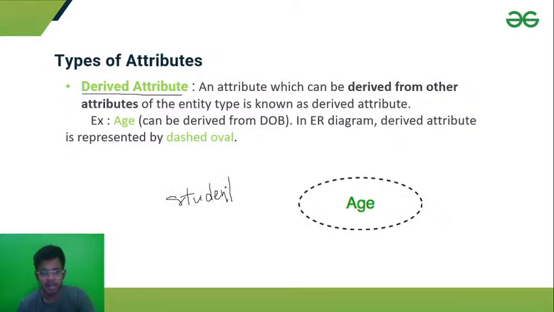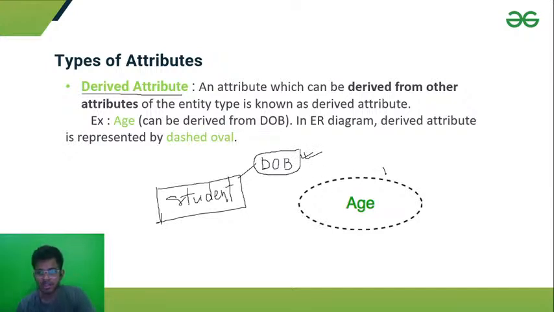If a student entity has DOB as one of its attributes, then from this DOB we can get another attribute, which is age. If we know the date of birth of a particular student, we can estimate what the age of that student is at that point of time, right?